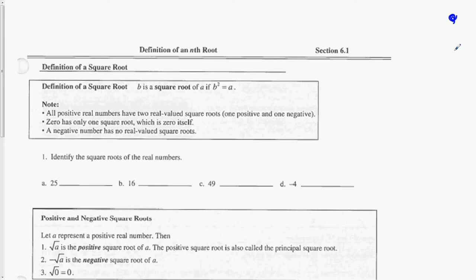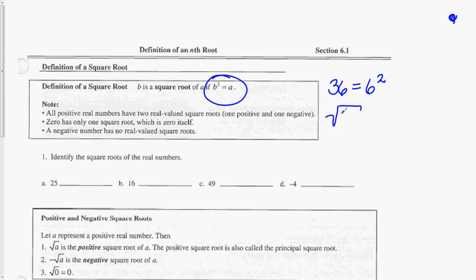A square root is a number that if you take two numbers and multiply them times themselves, you're going to get that last number. It's a lot easier to show than it is to say in the definition. For example, 36 is a perfect square because it is 6 squared.